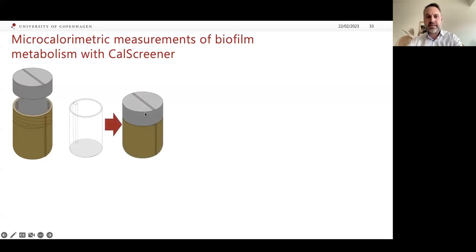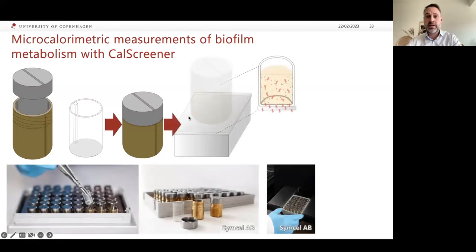And when these vials are then sealed, you can throw whatever bacteria you want into them. Then whatever heat or energy is being produced inside of these containers will be very precisely measured by the calScreener. And the metabolism of the bacteria inside of it, or human cells or whatever you put in, will be registered as this spectrum, this pattern of metabolism, registering in real time how much is happening right now inside of this vial.